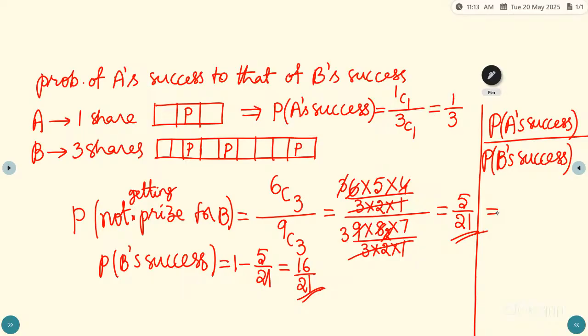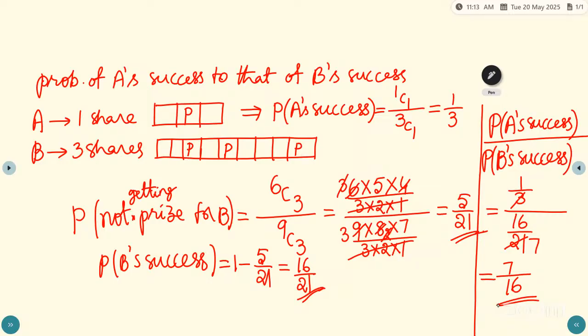What is the probability of A success? 1 by 3. Divided by 16 by 21, that gives 7 by 16. Now tell me, if A is getting 7 successes, how many will B get? 16 times.